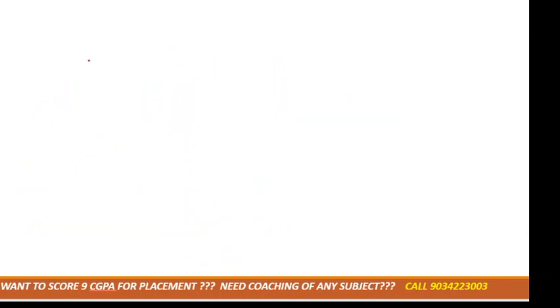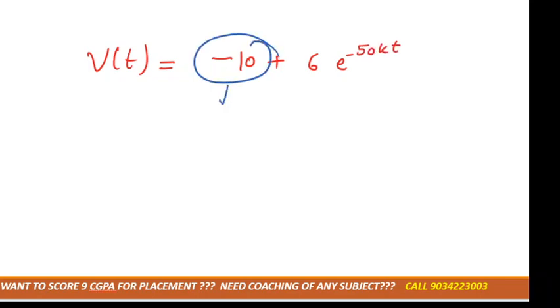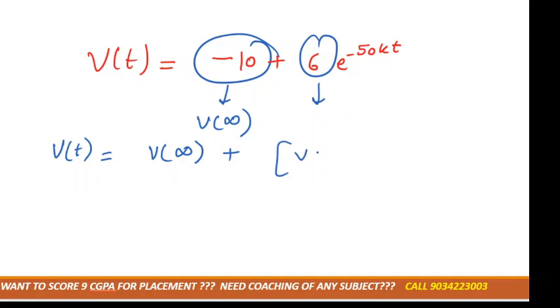Now we have to draw the graph also. So V(t) we got as minus 10 plus 6 e raised to power minus 50 kt. So this is the final value, right? V infinity. If we want to calculate the initial value, what would be the equation? V of t is equal to V of infinity plus V of 0 minus V of infinity times e raised to power minus t by tau, right?